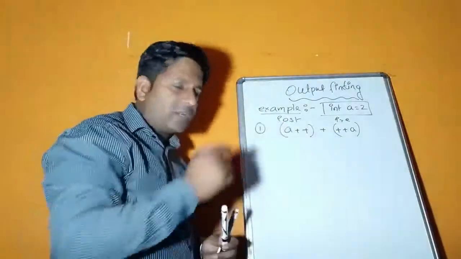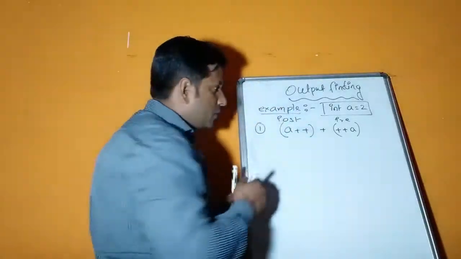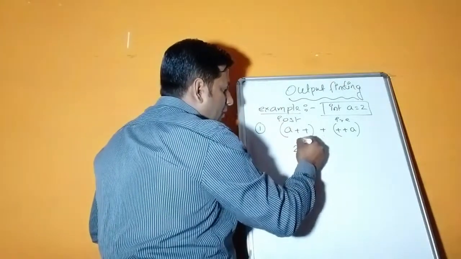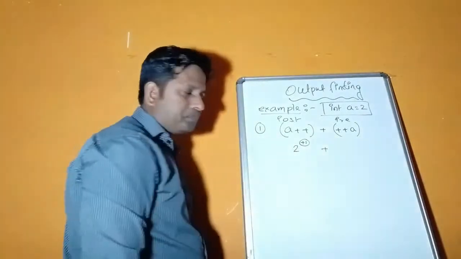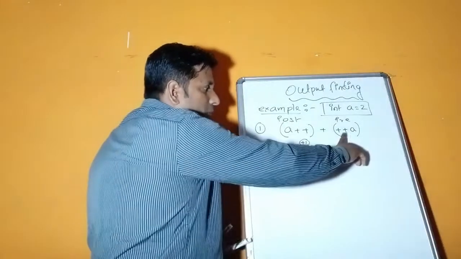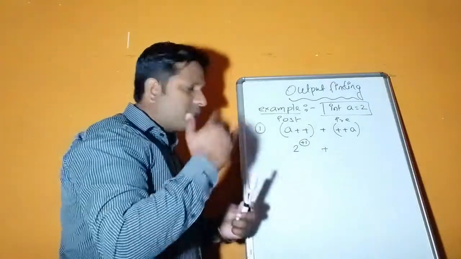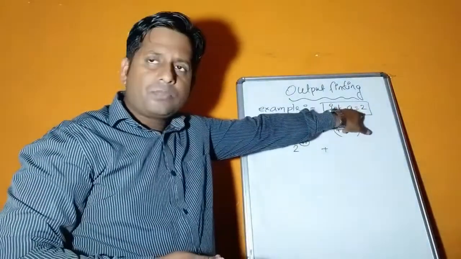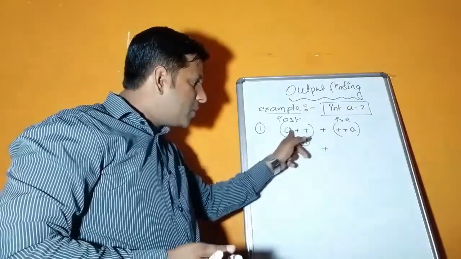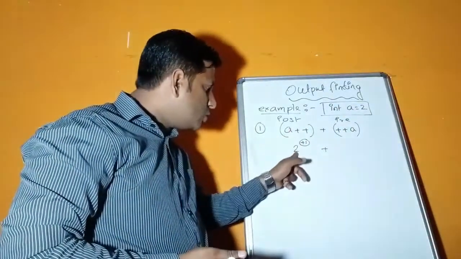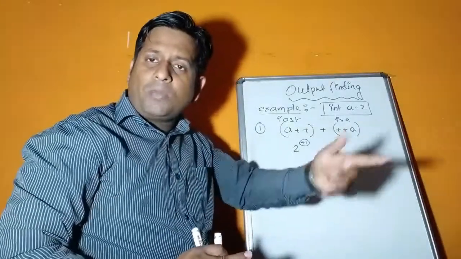With this point, let us do it. Plus plus means, as I told, the value remains the same, but the carry will be there. So 2, and let us indicate the carry by plus 1 inside a circle. This plus sign we have plus. Now here we have plus plus a, that is pre. Pre means add it. The value of a is the previous value. Don't see this value, this is the actual value. The previous value was 2, so we'll consider 2 only. Plus plus is there, so 2 plus 1 becomes 3.